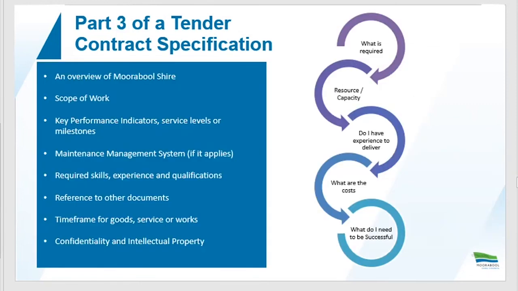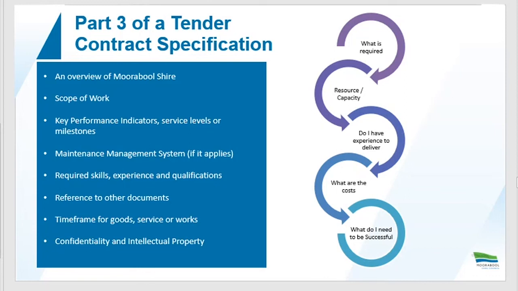So part three of our tender is all about the detail of what we are seeking. It's the contract specification. So what is required, what resources, capacity, whether you have the experience to be able to deliver, what costs are associated with it, and what you need to submit to ensure that you're successful.